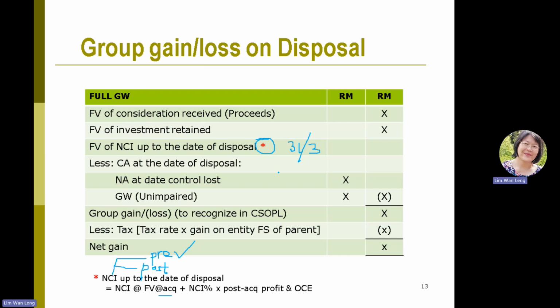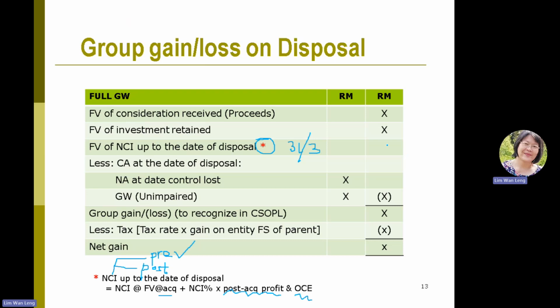Then, if you acquire during the year, in the first 3 months, the NCI will also have some claim on the post-acquisition profit. So you take the percentage before the disposal, and then should there be any other reserves, like for example OCE, you also need to take your share post-acquisition.